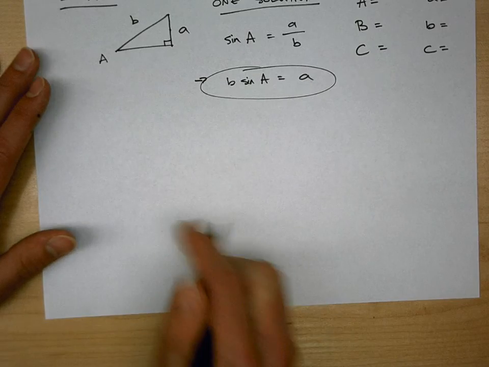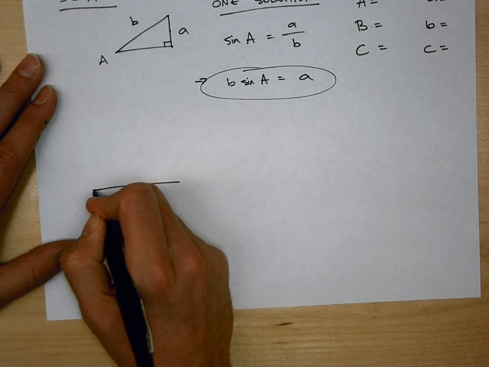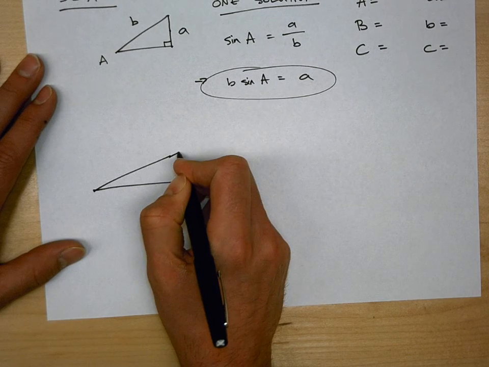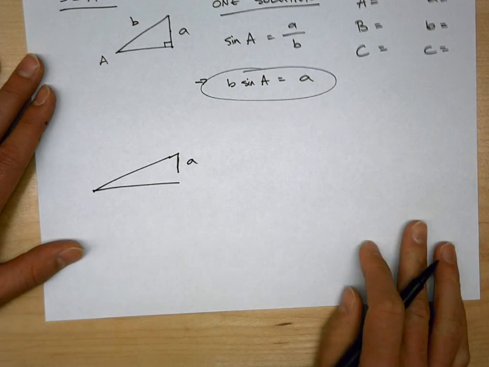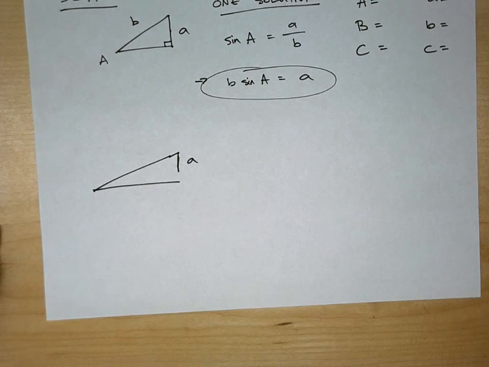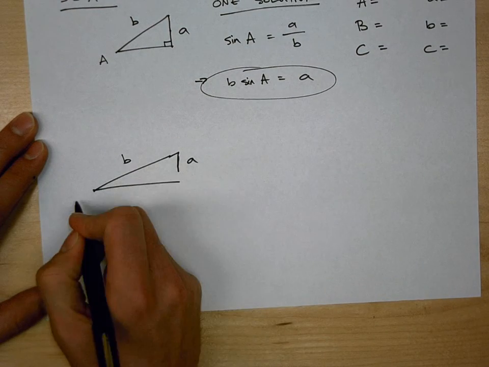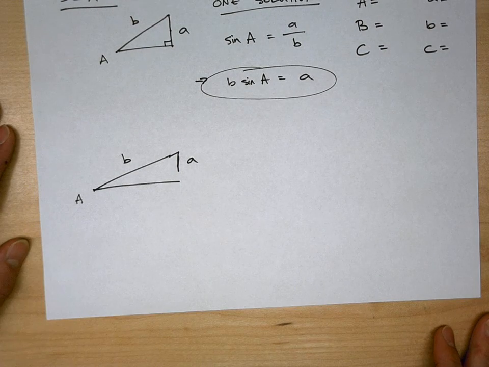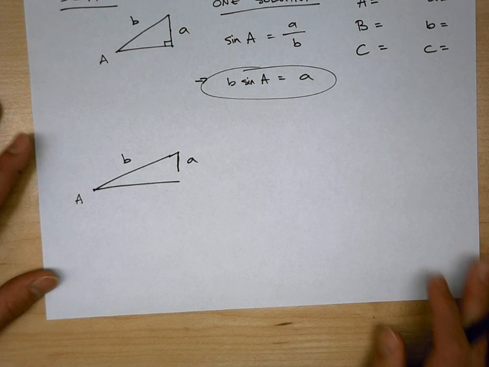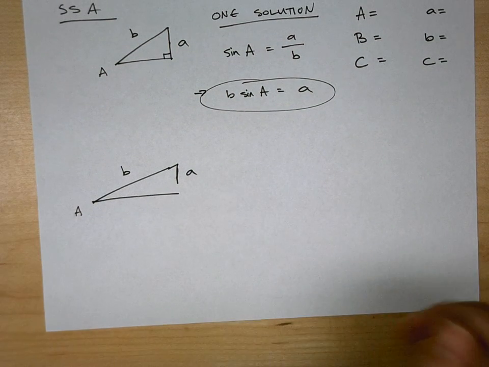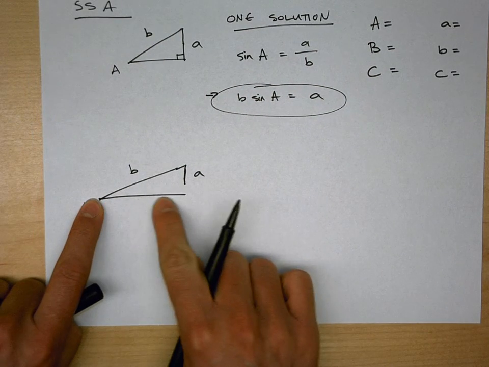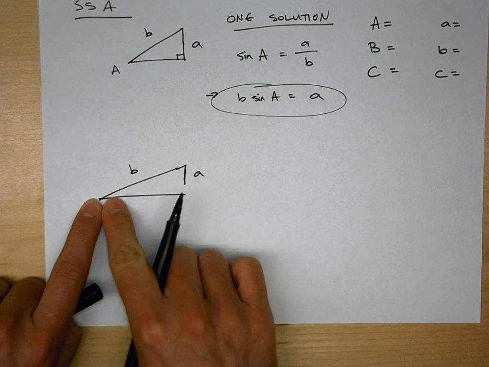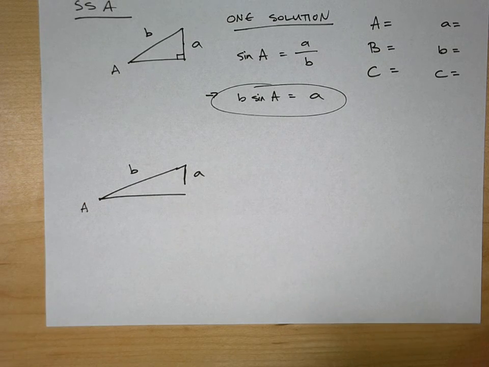So there's another case, and that's going to be when little a is too short. Suppose we have a triangle that looks like this. We can always extend this length here of c, because c is variable, we haven't been told what it is.